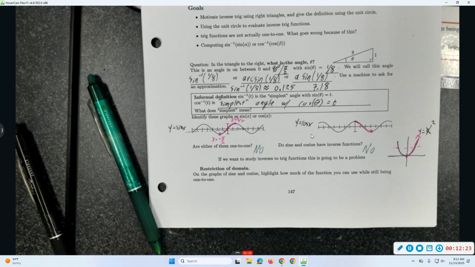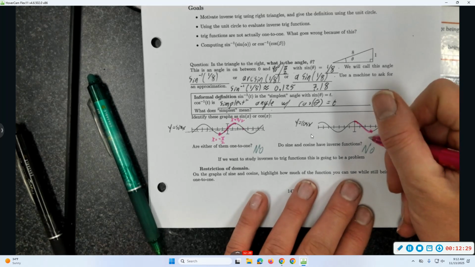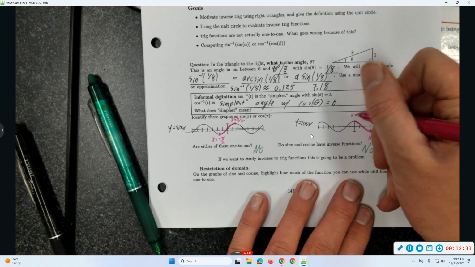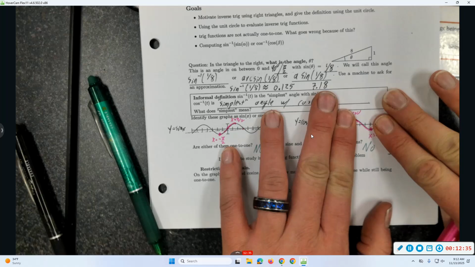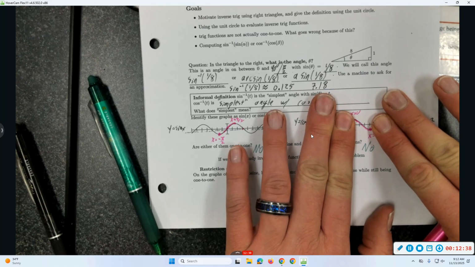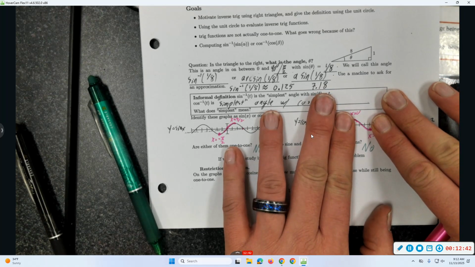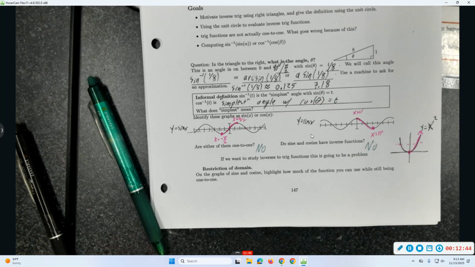What's the first value where cosine is equal to -1? Pi. So here I have x equals pi, starting at x equals 0. If I only see that much of the graph of cosine, is it 1-to-1? Nice. The inverse of that function is what I'm going to call inverse cosine. Groovy. Well, there's the very sketchiest of definitions.